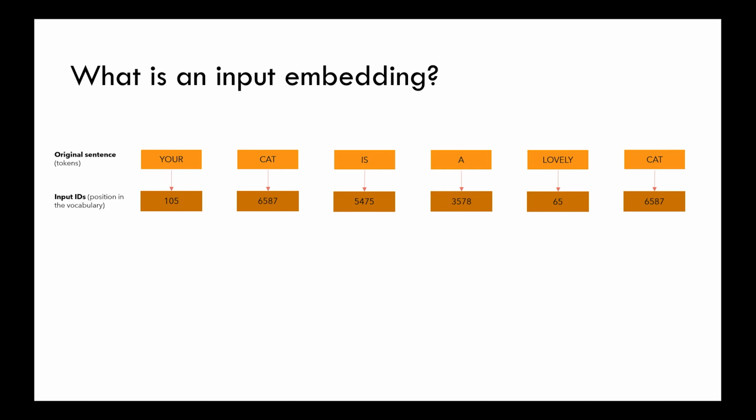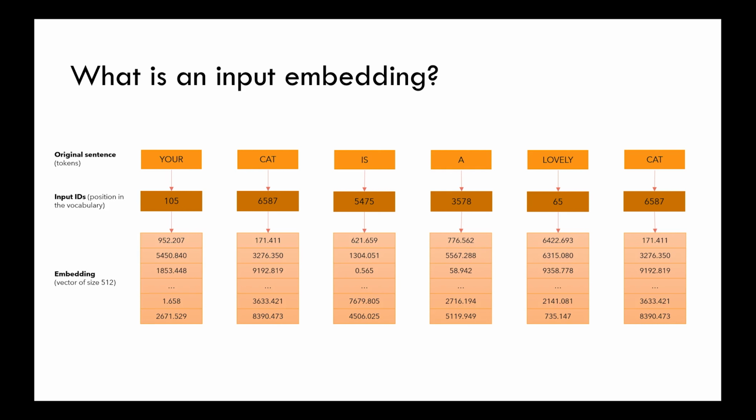The next thing we do is create a layer that maps these numbers to a vector of size 512. This vector we will call embedding. So this vector is 512 dimensions, and each of our words will be represented by a vector.